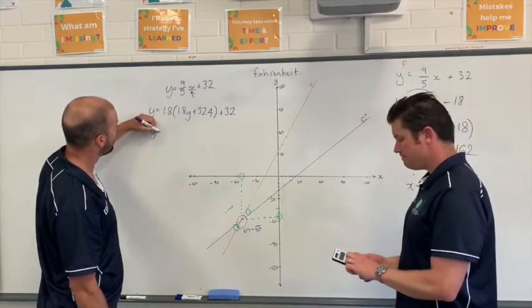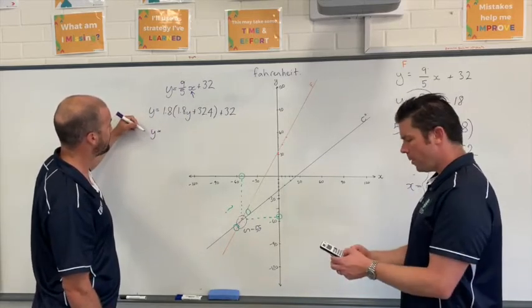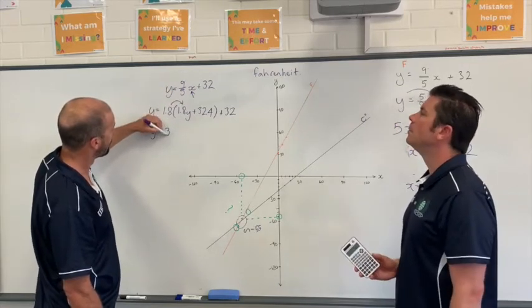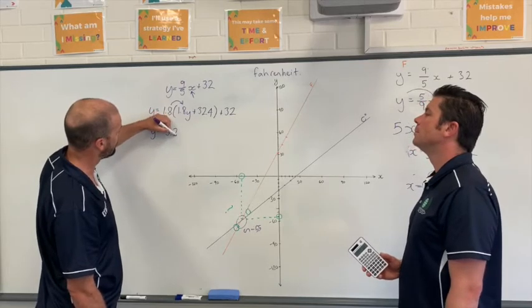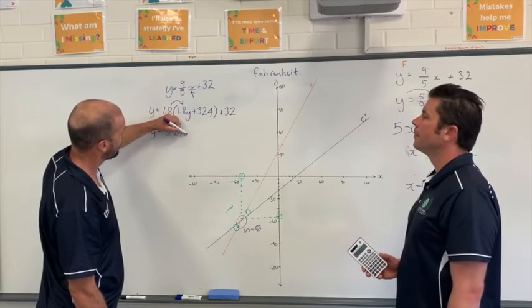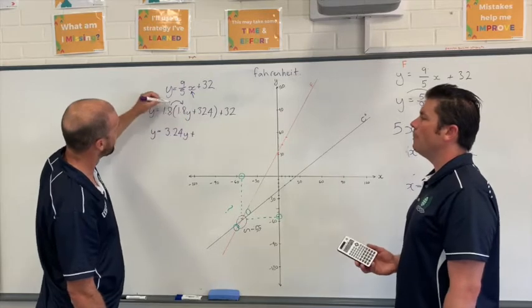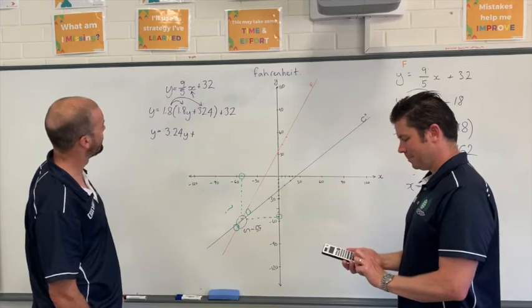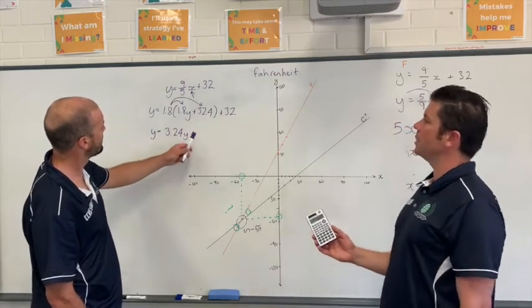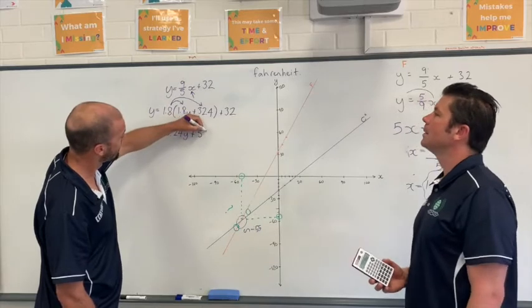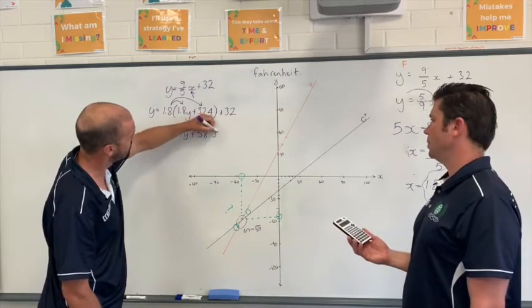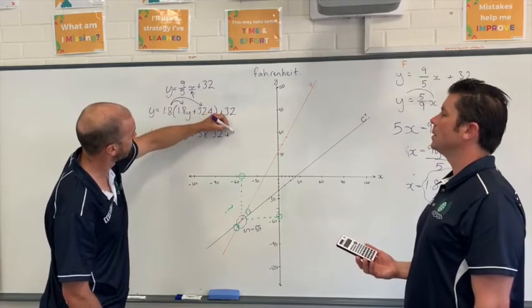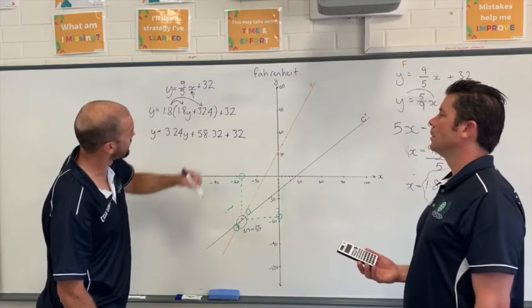What is 1.8 times 1.8? 1.8 multiplied by 1.8 is 3.24y, plus... now what's 1.8 times 32.4? 58.32. And then we'll just expand this, so plus 32.